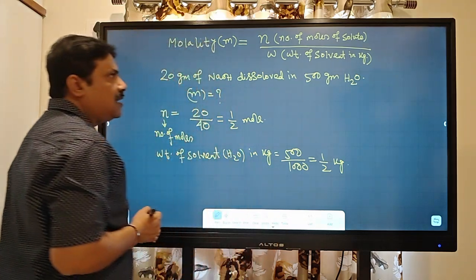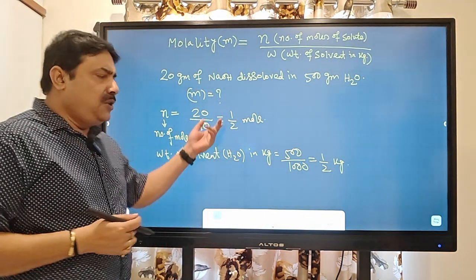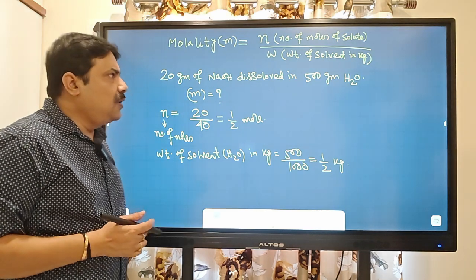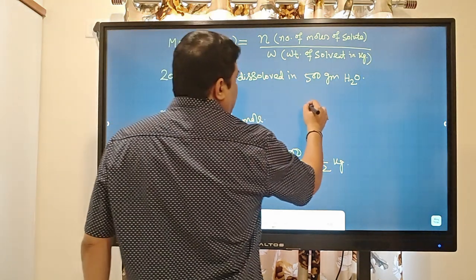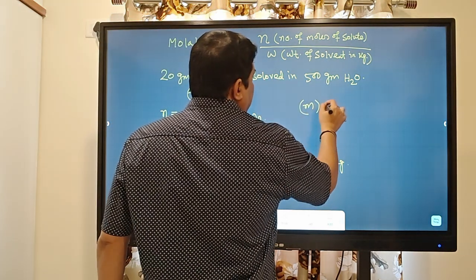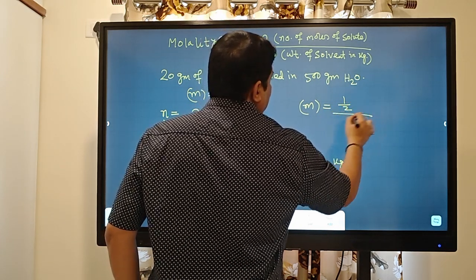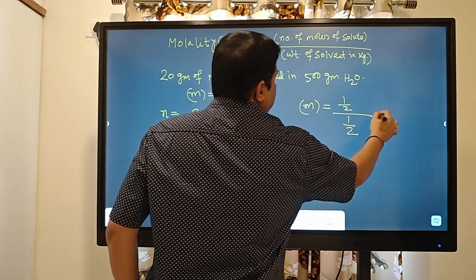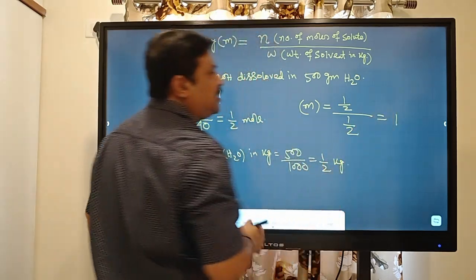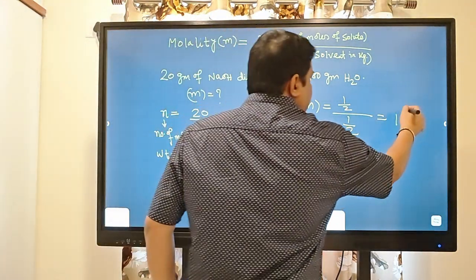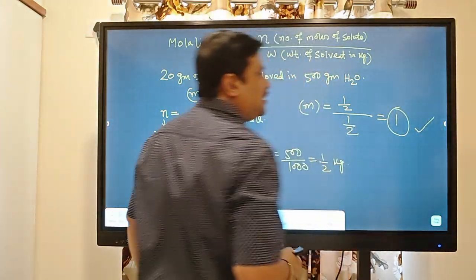Now we have the number of moles of solute as well as the weight of solvent in kg. Molality will be equal to the number of moles of solute, which is half, divided by the weight of solvent in kg, which is also half, which gives 1. So the molality of the solution is 1.